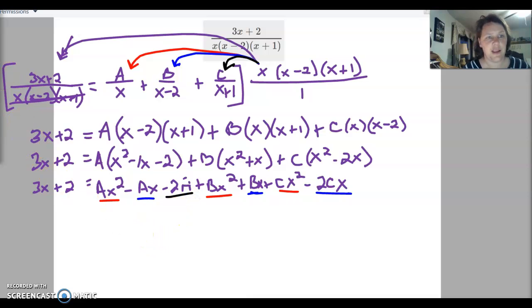So I want to rewrite so that all of my like terms are together. So now I have 3x plus 2 equals ax squared plus bx squared plus cx squared.